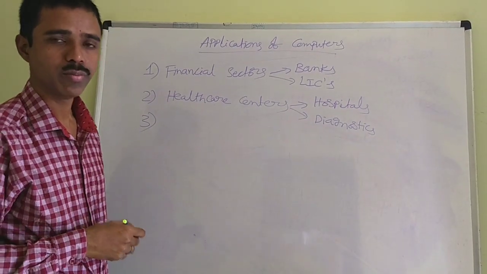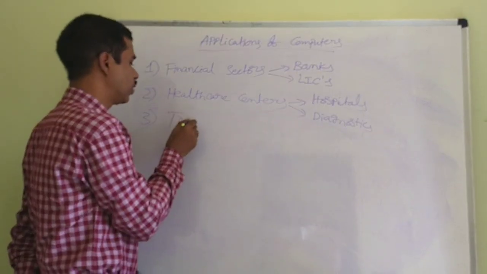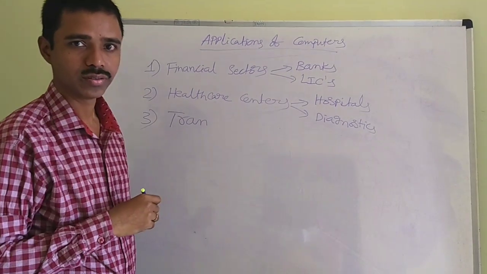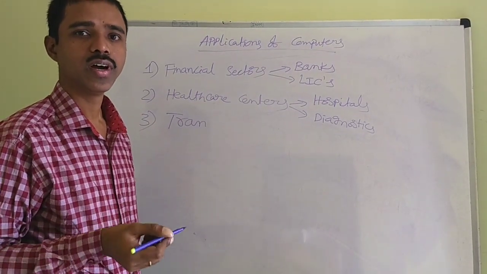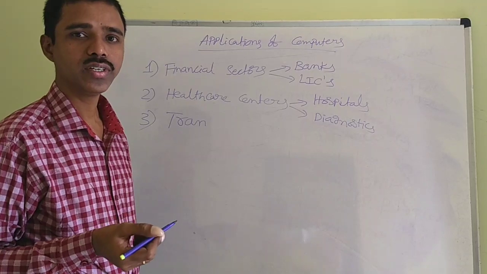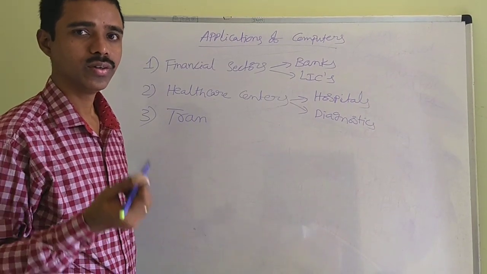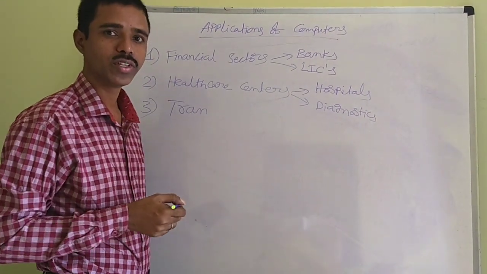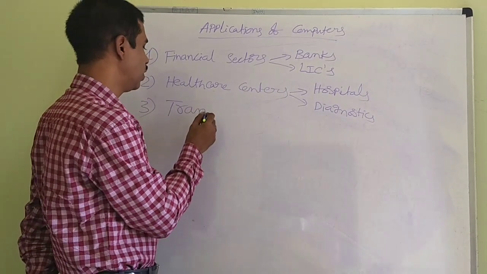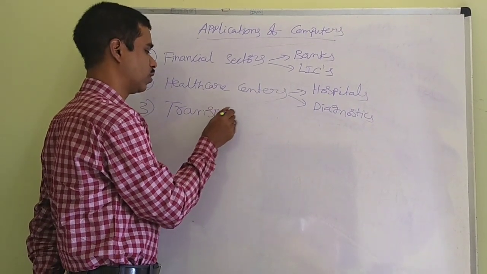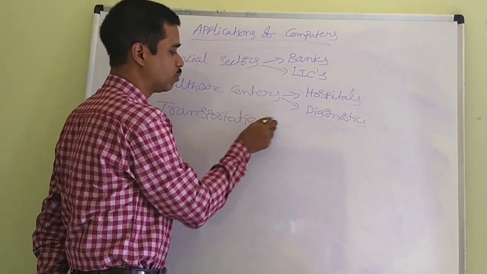Okay, and transportation systems. Coming to transportation systems, for example, if you want to do reservation: RTC reservation, airline reservation, railway reservation. So we are using the computers to book the tickets through online. They are called transportation systems.